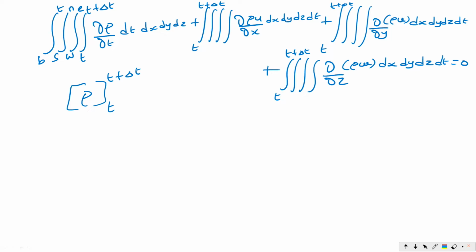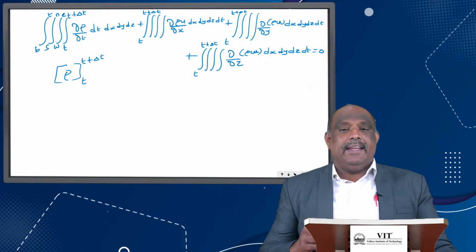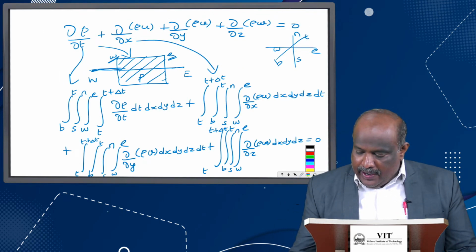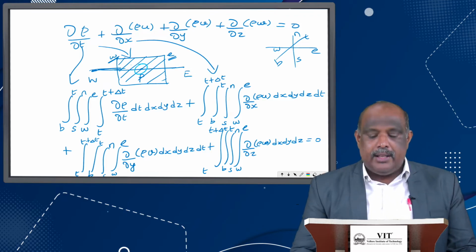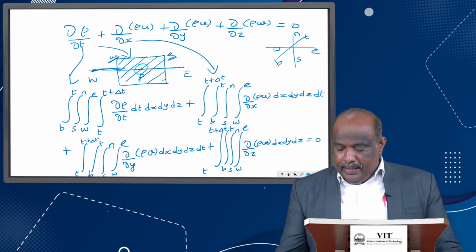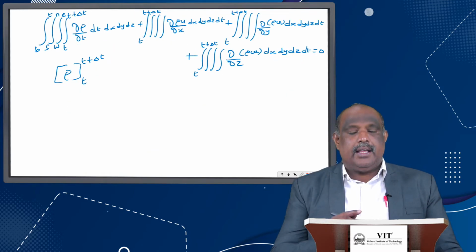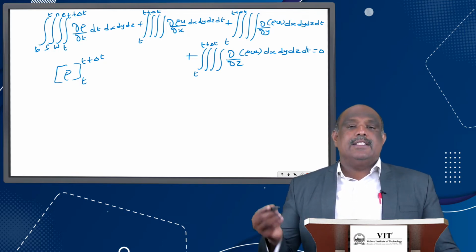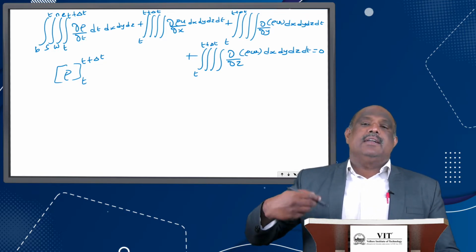Let us assume we are trying to find the density at which location, at either p or small e. It is a scalar quantity, we are trying to find it at the location called p. You can see I am trying to find the value at capital P. The value of density at time t is known, at time t plus delta t it is unknown.